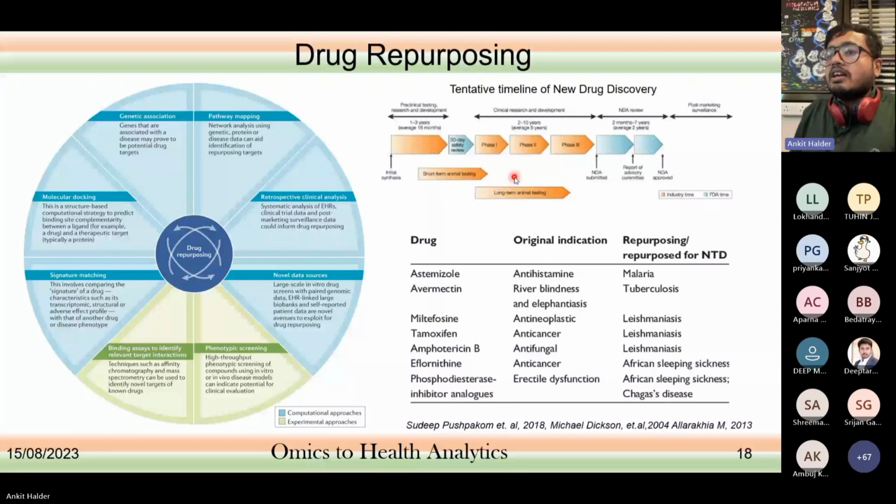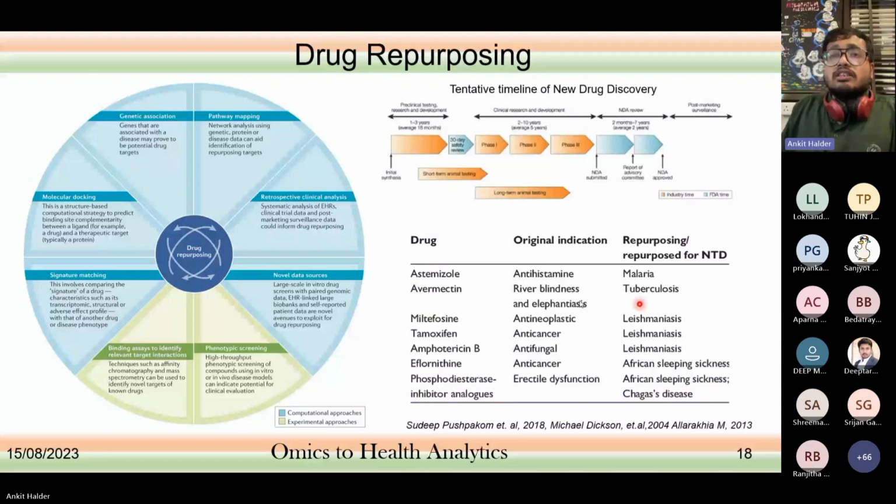This is an example of how drugs originally used as antihistamines or anti-neoplastic, anti-cancer drugs can be used for different diseases, like communicable diseases such as malaria and tuberculosis. Though approved for certain diseases, they can be taken forward and used in different approaches.